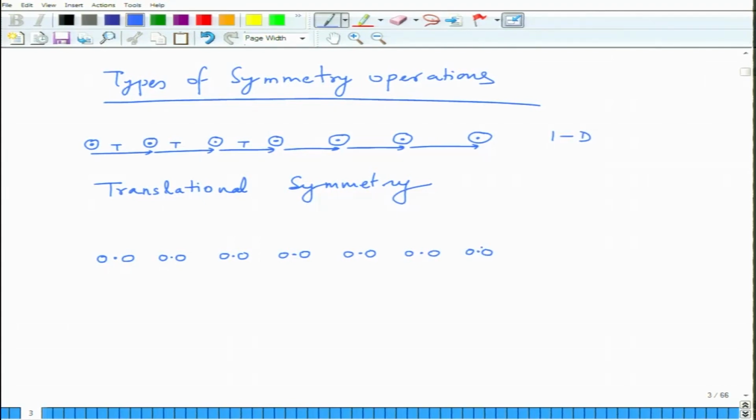So what I have here is translation t, but I also have a mirror. So I have translational and mirror symmetry.